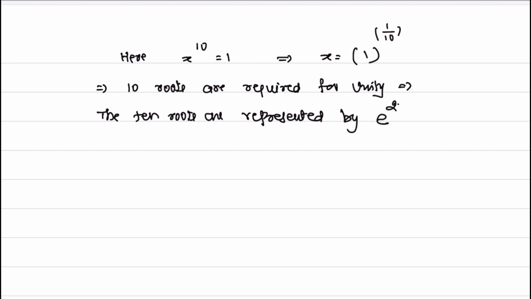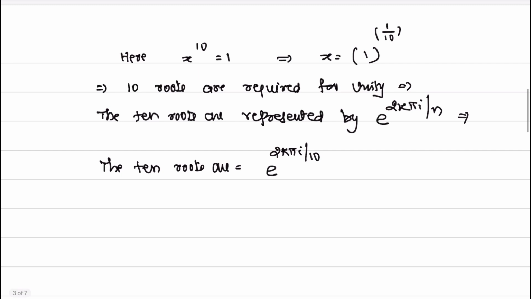e to the power of 2k pi i by n, that is, the 10 roots are e to the power of 2k pi i by 10, where k is equal to 0, 1, 2, 3, 4, 5, 6, 7, 8, 9.